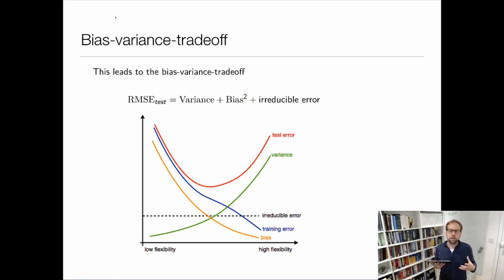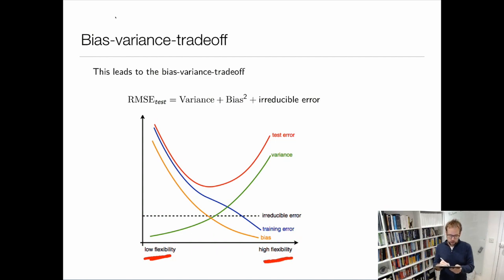So I have this error, and I'm looking at it on a test set, a genuine new data set. I'm looking at how the error varies if I vary the flexibility. So here I have models with low flexibility, and here I have models with high flexibility.